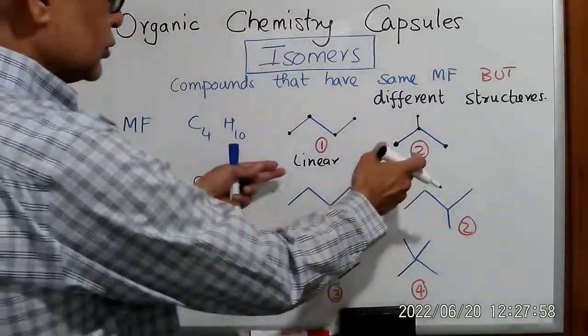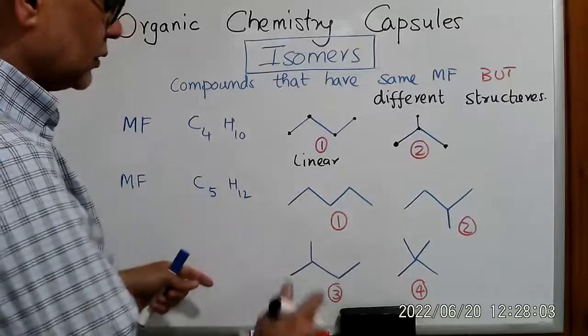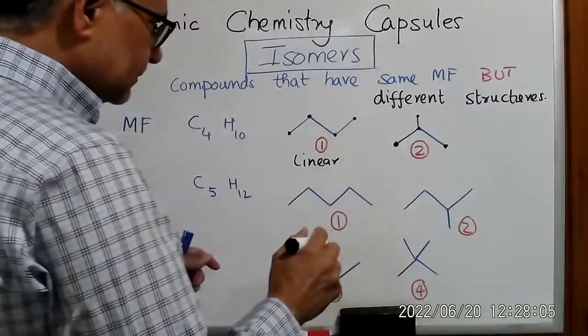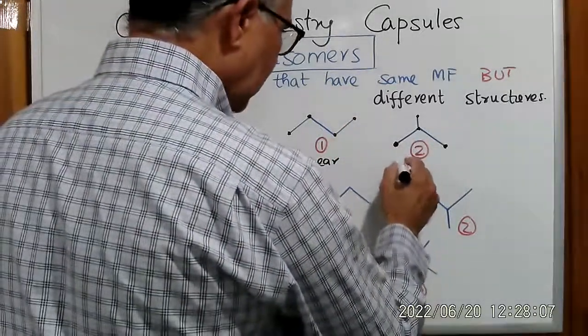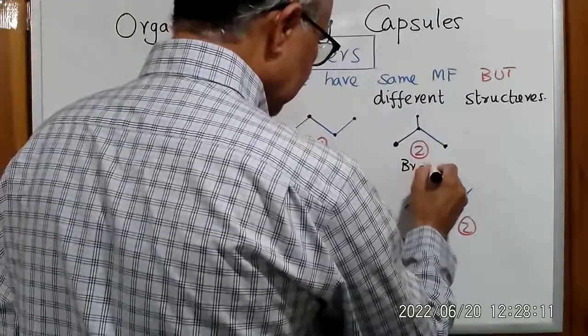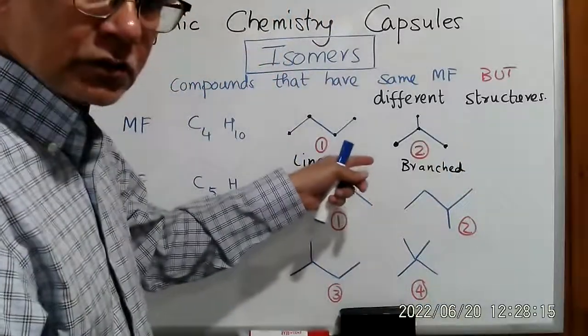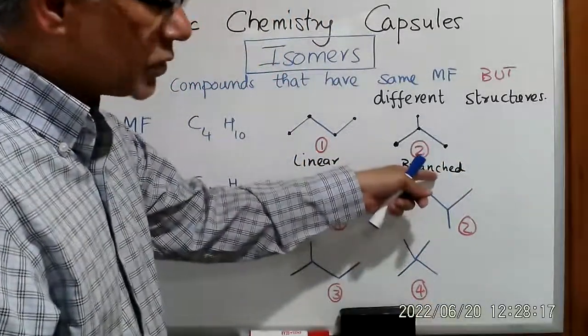We are able to draw two different structures that have the same molecular formula. We call compounds like this branched. This is just a linear chain. That is a branched chain.